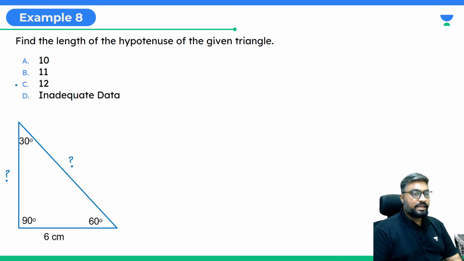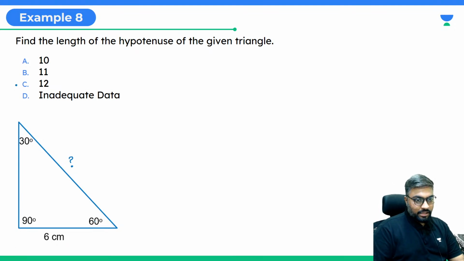Yeah, that means this calls out for trigonometry. Correct? One side is given and the angles are given, right? So can we use trigonometry here? Yeah. If I want this side, I can either use cos 60 or sin 30.